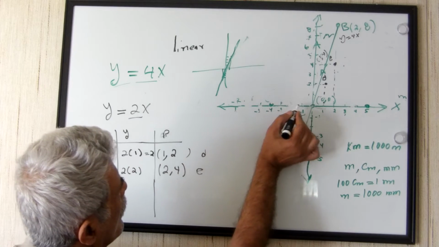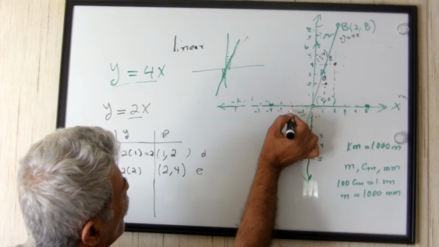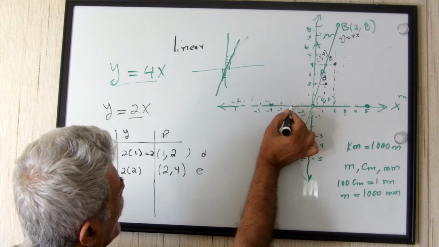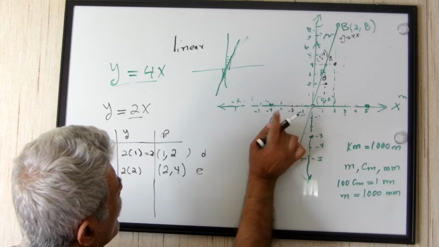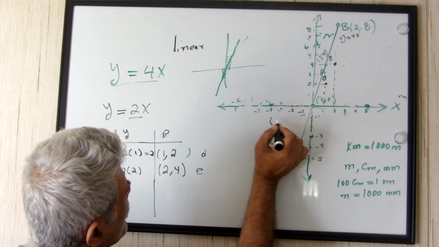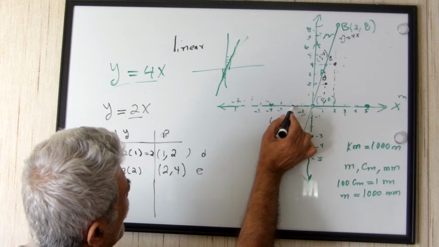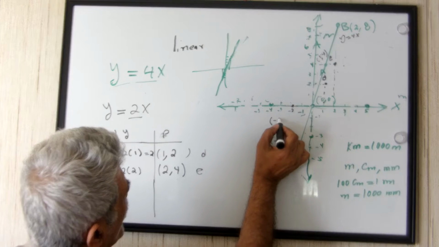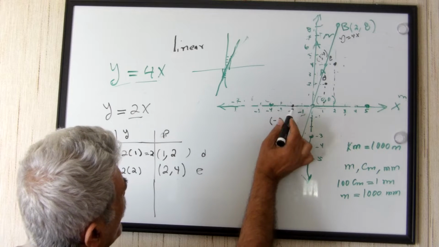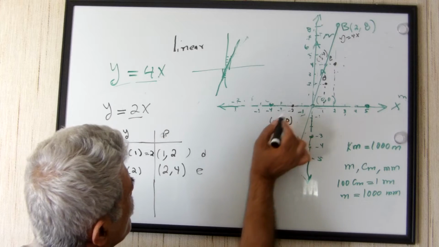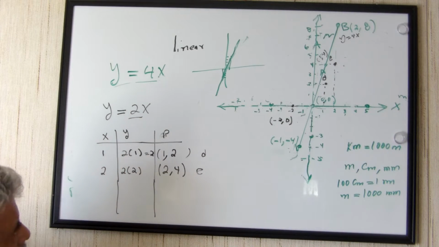Like this is minus 2. Just to remind you, if we have a point here, it only has minus 2 as x and 0 as y, the coordinates of this point.